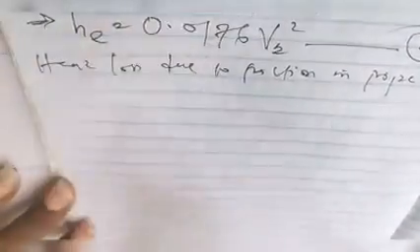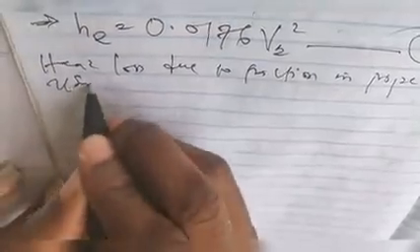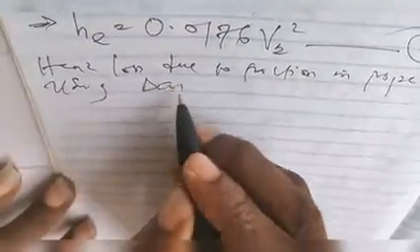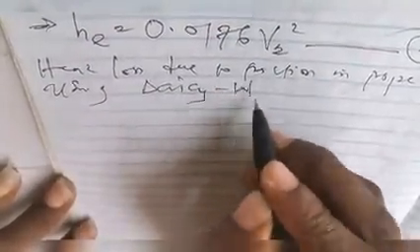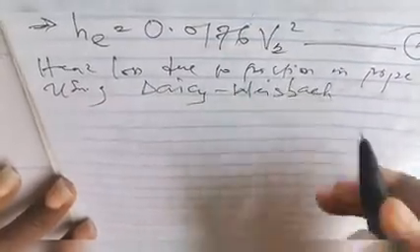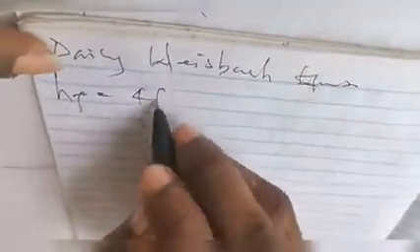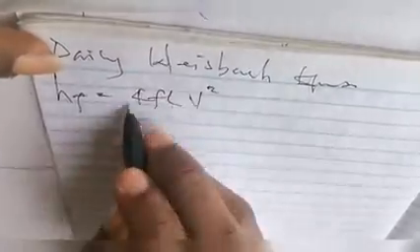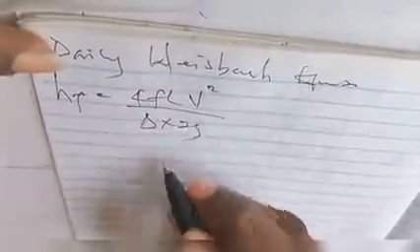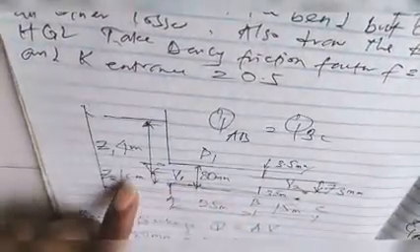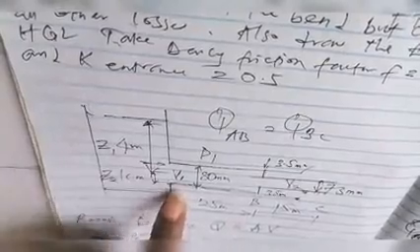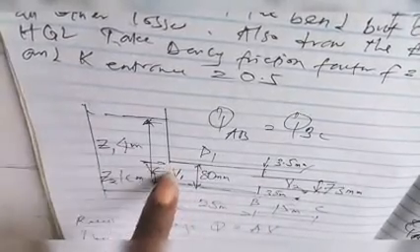Now we use Darcy-Weisbach. Using the Darcy-Weisbach equation, the equation simply says head loss due to friction is 4FLV squared all over D times 2G. Now, since we are talking about pipe 1, it means the length there is the length of pipe 1, the diameter is the diameter of pipe 1, and the speed is also the speed of pipe 1.